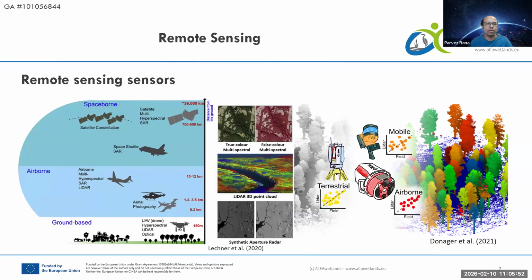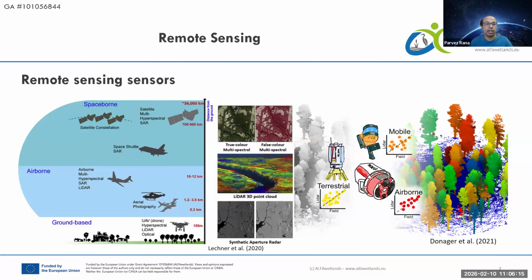Before I go on, I would like to give you some background about the remote sensing sensors that we have been using. I will just give a short overview. In remote sensing, there are different kinds of platforms, like spaceborne, airborne, and ground-based remote sensing. Spaceborne means satellite data.